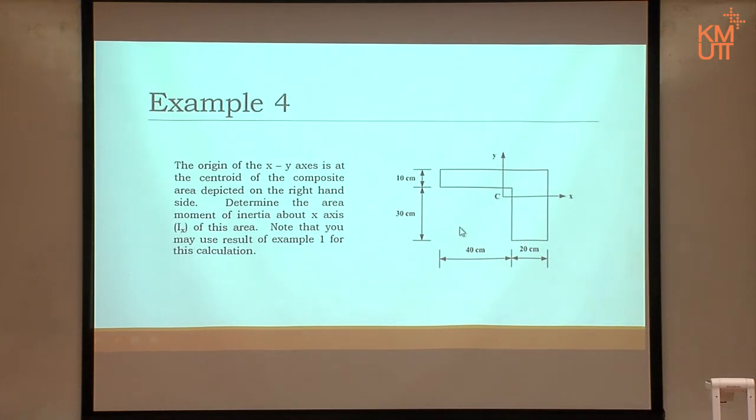In this case, because there is no symmetry for this area, of course we will have to find the centroid first. So we go through step by step. First we identify the areas, and then we define the centroid, and then we find the area moment of inertia. As we discussed last time, for this example I will only show Ix, not Iy. But the idea will be the same.